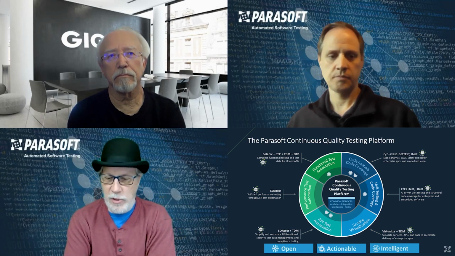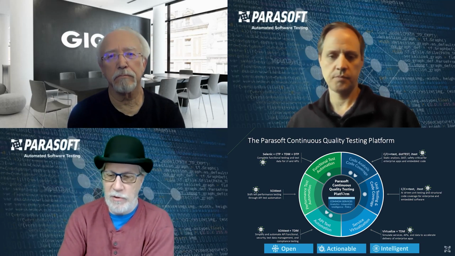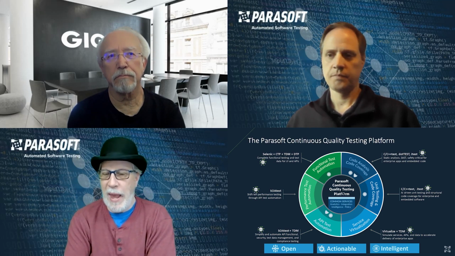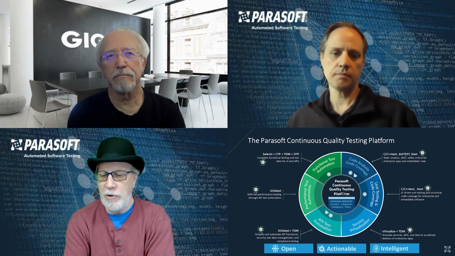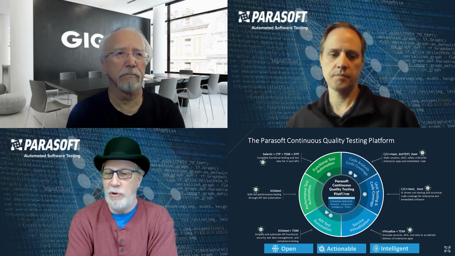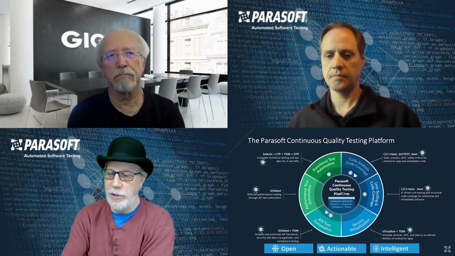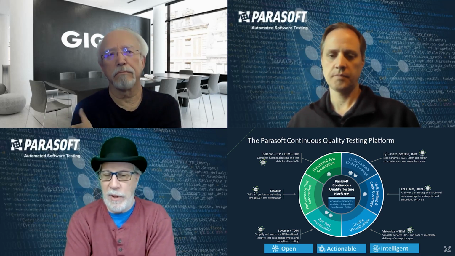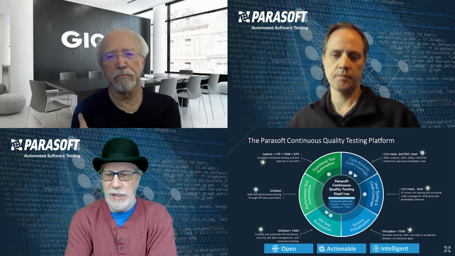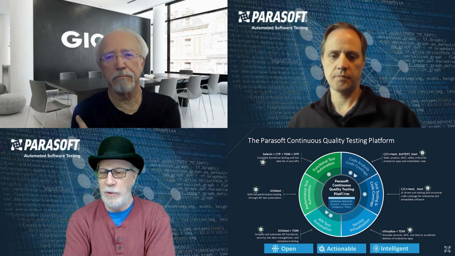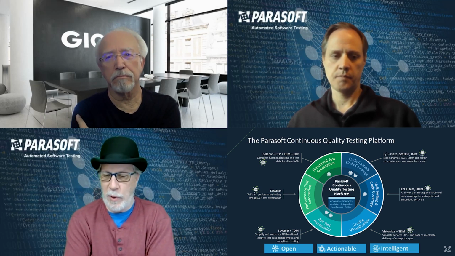All of this stuff that you saw and more is available as part of the Parasoft continuous quality testing platform. So we have things for functional test automation, API test automation, performance test automation, code analysis, coverage, unit test, service virtualization, etc., all in a platform that's open, being able to connect to other parts of your DevOps environment to work with your other tools and reporting systems.